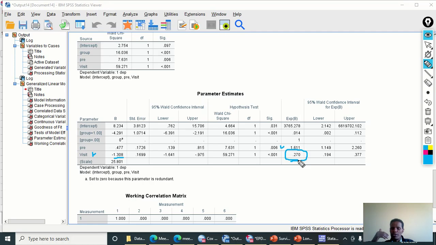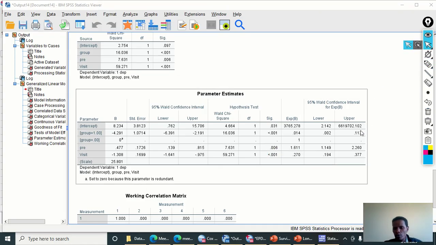In terms of percentage, it will be 73, because 1 minus 0.27, or 100 minus 27, is 73. So there is a reduction of 73% with a 1 month increase in the visit, a 73% decrease in probability of developing depression during the follow-up period.